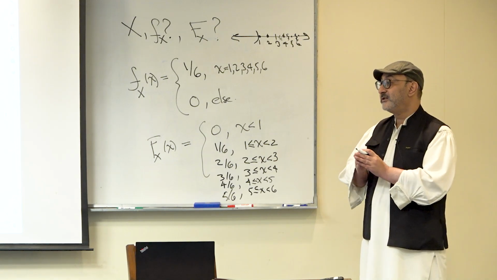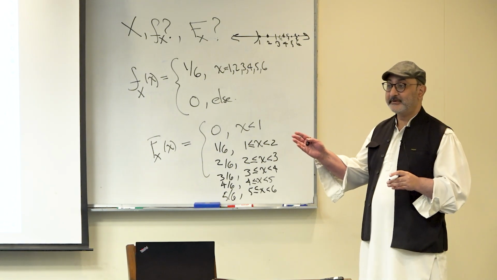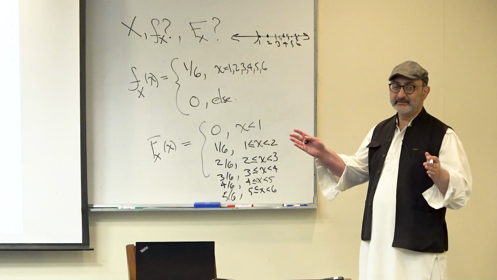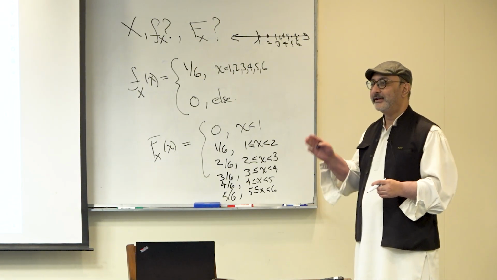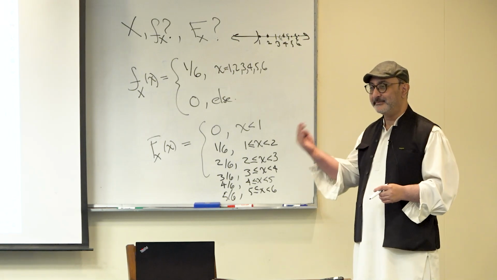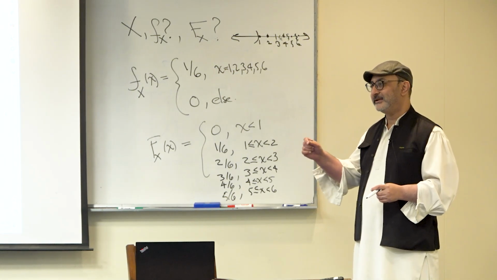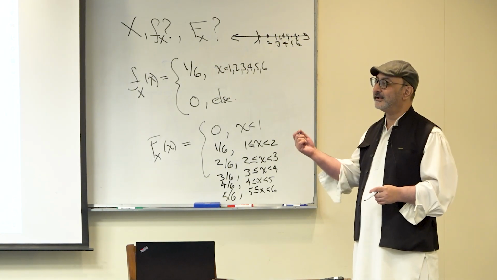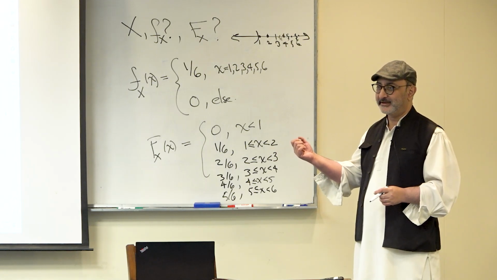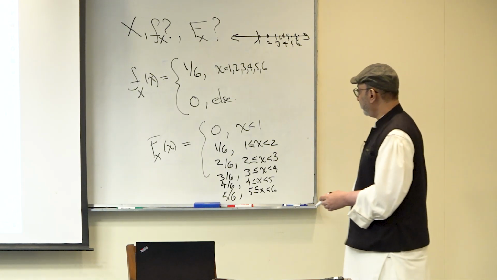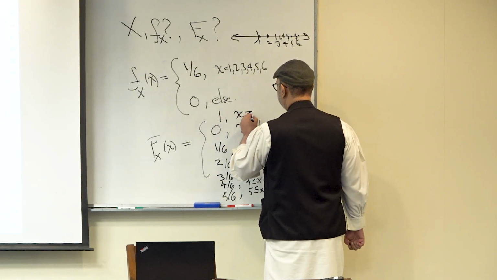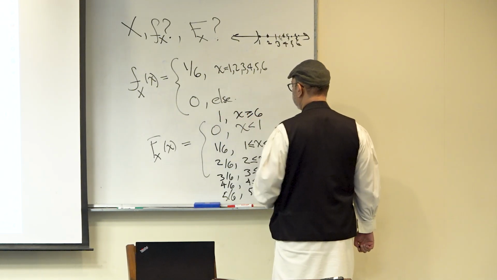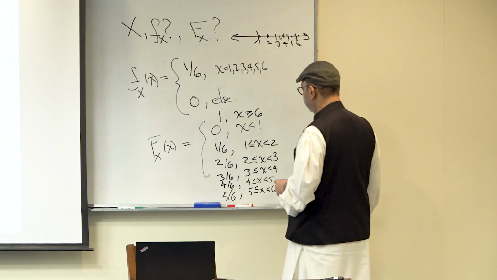Right? So once you've gone past the maximum value of x, if there's a maximum value of x for your random variable, then the CMF evaluated at numbers which are bigger than or equal to the maximum value of x should go to 1. So this will be 1 for x greater than or equal to 6.